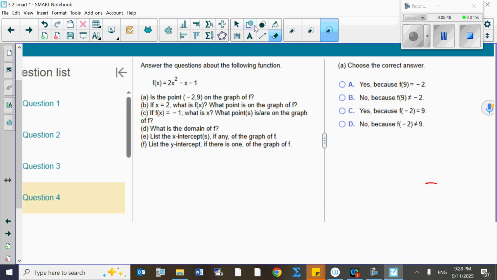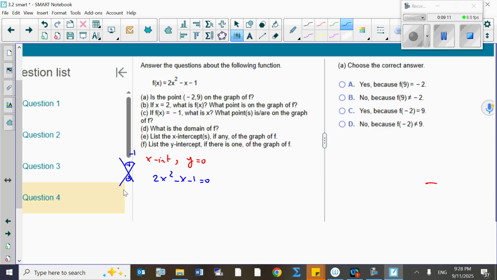So how do I find the x-intercept? X-intercept is where the y value equal to 0. So I'm going to set this equal to 0, 2x squared minus x minus 1 equal to 0, and solve for x. So I'm going to look for two numbers that if I add them, I get -1.